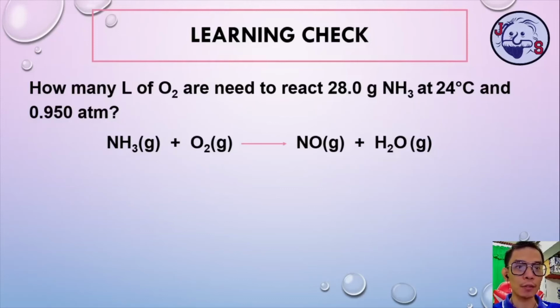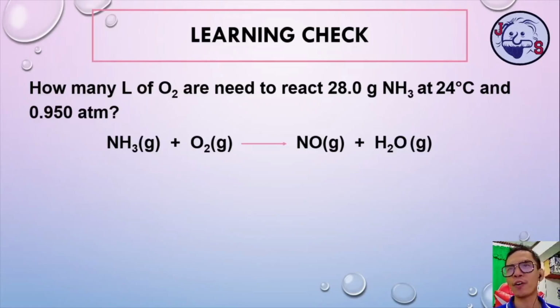Now we have the fourth problem for this ideal gas law lesson. The ideal gas law is also handy in solving gas stoichiometry problems. If you remember in Avogadro's law, there is a part called gas stoichiometry, in which you use Avogadro's law to solve problems related to chemical reactions of gases.